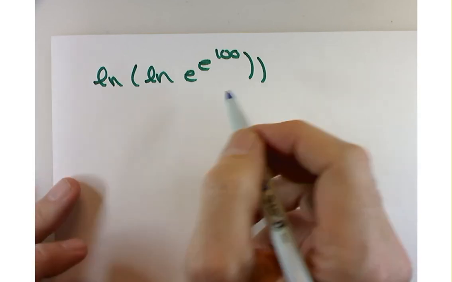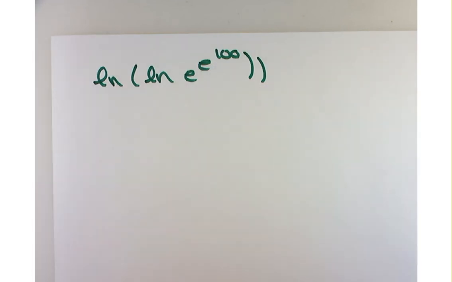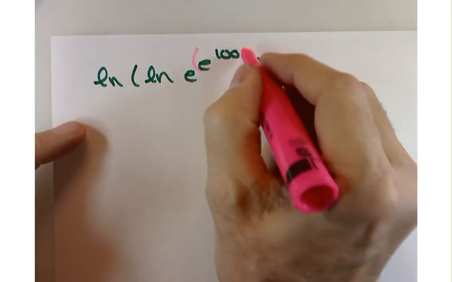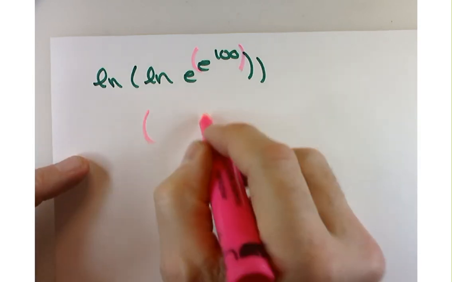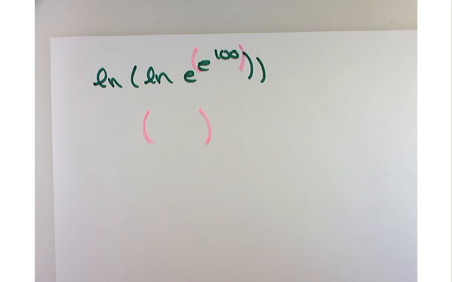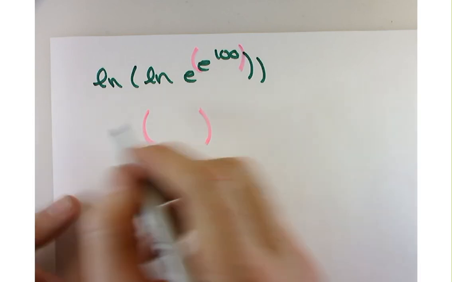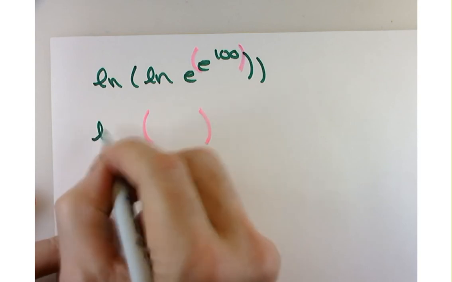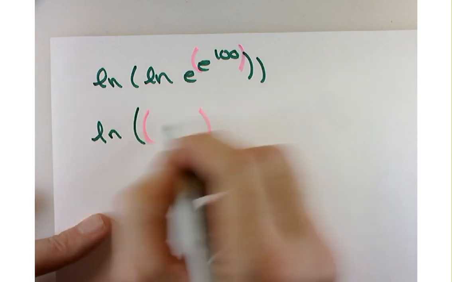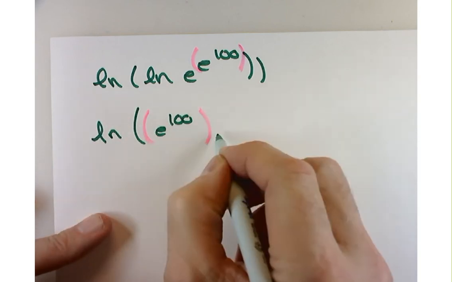There's a couple rules we have to apply, but the first thing to see here is that this term right up here in pink is an exponent. And so I can take that out in front of my logarithm. So that's going to be, let's see, I want to use this one. Ln of e to the 100 times the ln of e.